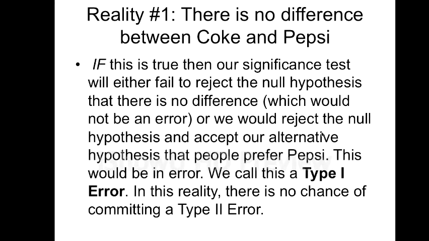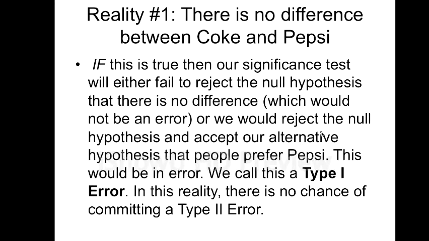When we use our significance test, we could fail to reject the null hypothesis that there is no difference, which would be what we'd expect. There would not be an error, right? That's when we're going to get close to 50-50. And there is no evidence to prove they're different. And we'd expect that because they aren't different in this reality.